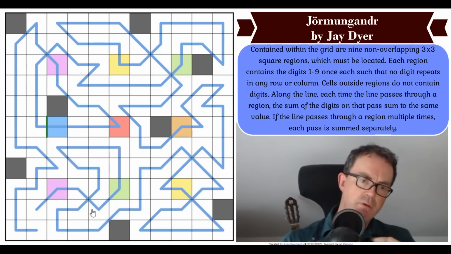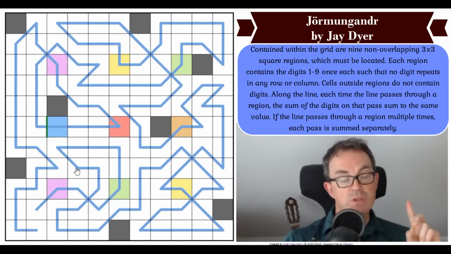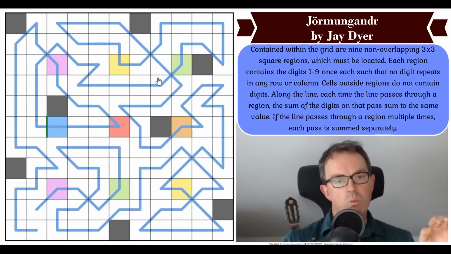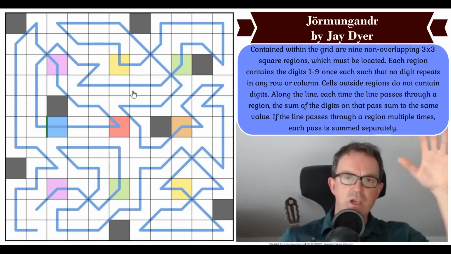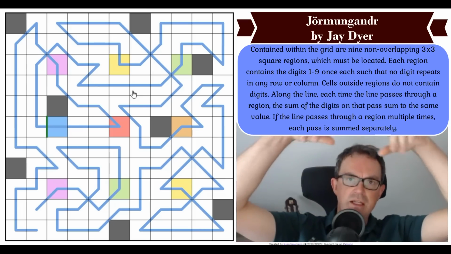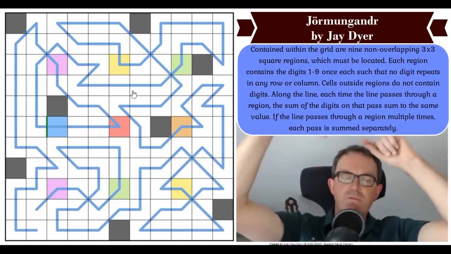So if it was 9, the thing I'm wondering about is where the box in this puzzle is that has all its digits on the line, because that line must enter that box 5 times.